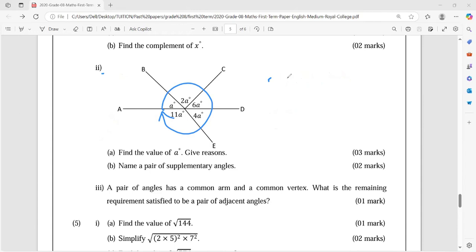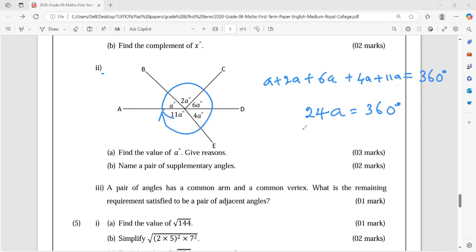So a plus 2a plus 6a plus 4a plus 11a is equal to 360. So this will work, right? And then you can take a plus 2a is 3, 3 plus 6 is 9, 9 plus 4 is 13, 13 plus 11 is 24. So 24a is equal to 360.